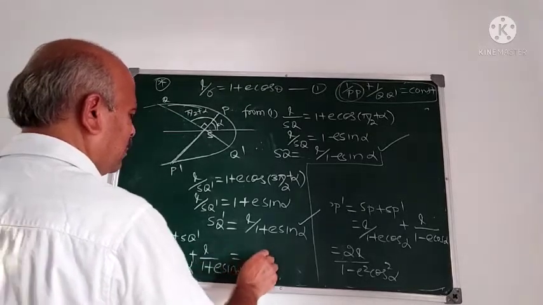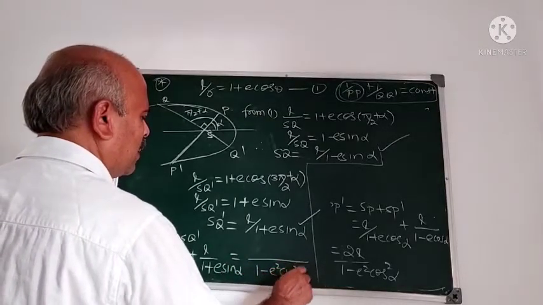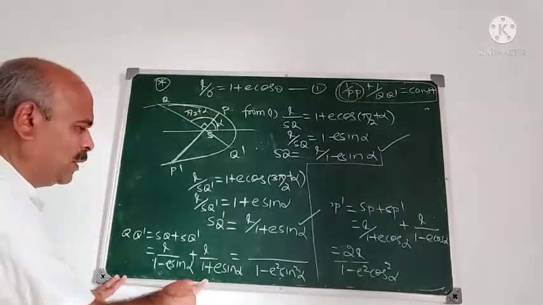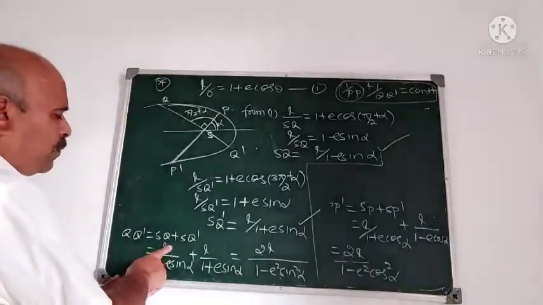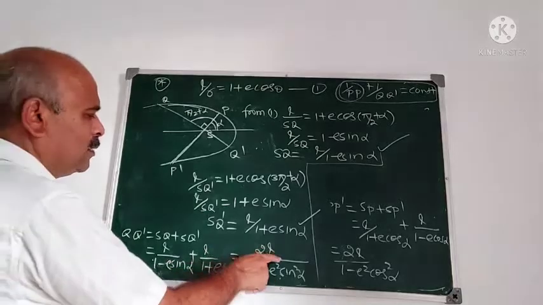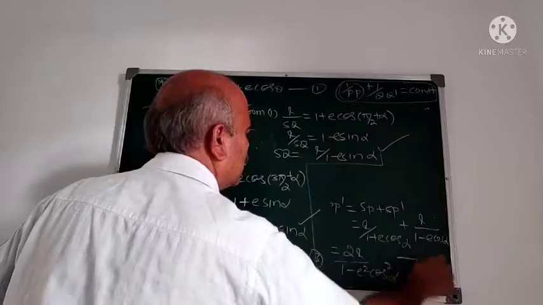By taking LCM, 1 minus E sin alpha into 1 plus E sin alpha is the LCM, so we get 1 minus E square sin square alpha in the denominator. In the numerator, E sin alpha minus E sin alpha cancel, and you will get 2L. Take this as 3, this as 2.